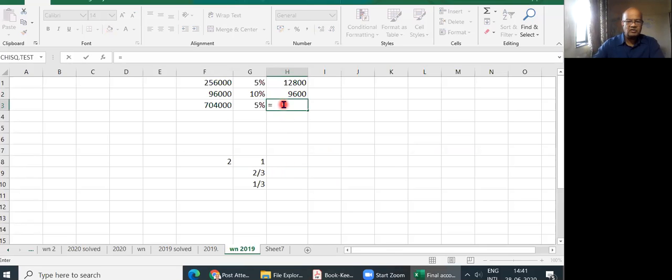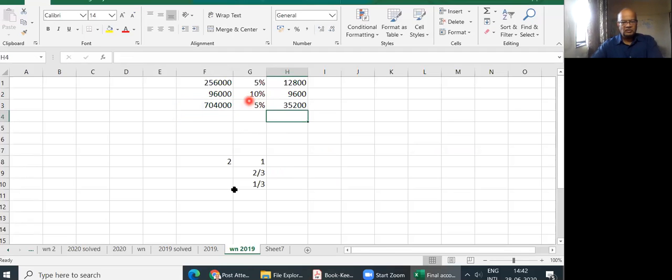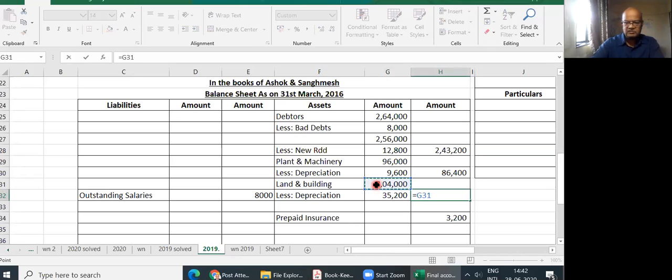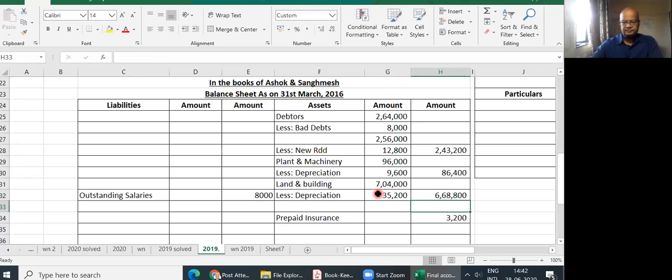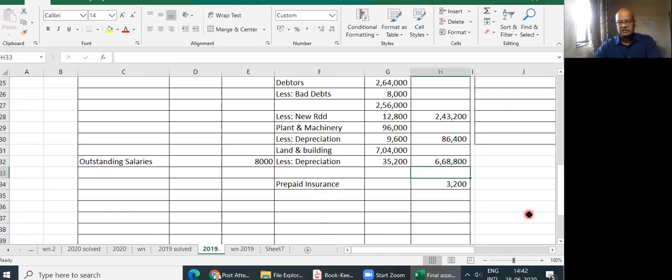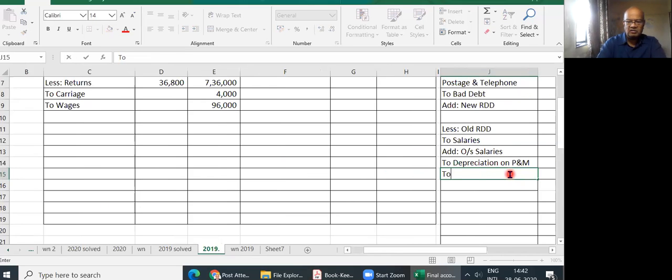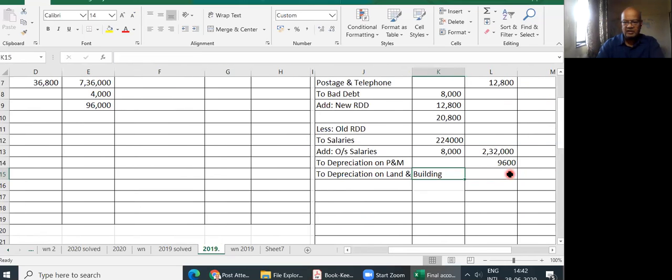So 5% of 7,04,000 is 35,200, and this is this minus this. And this 35,200 we will mention over here: depreciation on land and building 35,200.